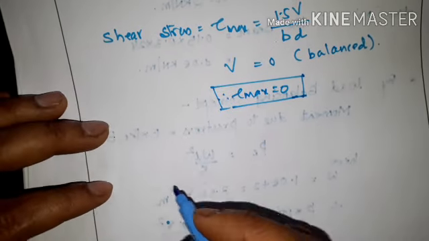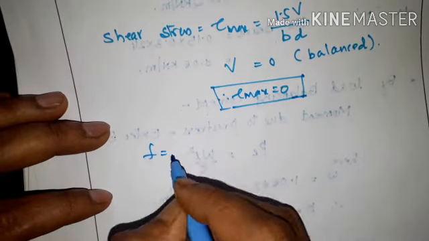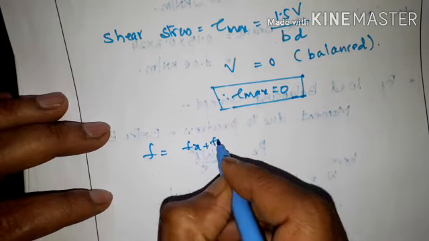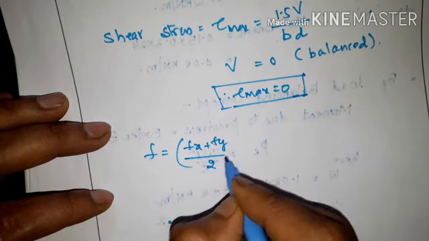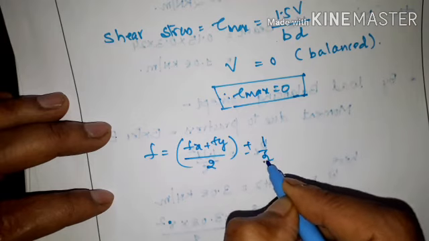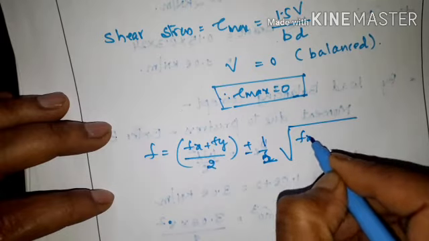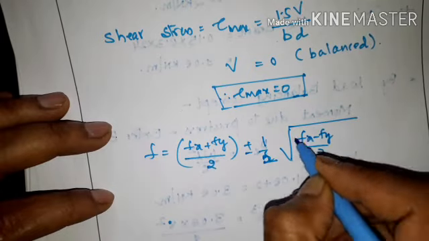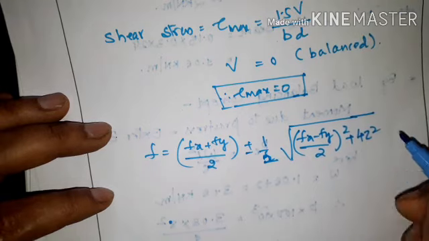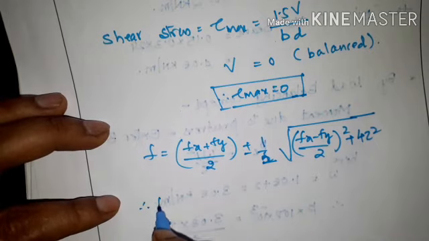Therefore F is equal to Fx plus Fy divided by 2, plus or minus half of the square root of (Fx minus Fy by 2) whole square plus 4 tau square.